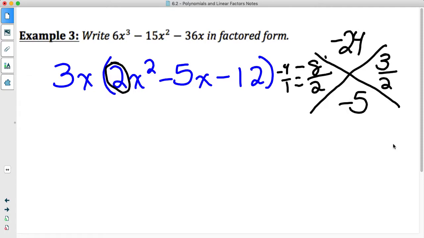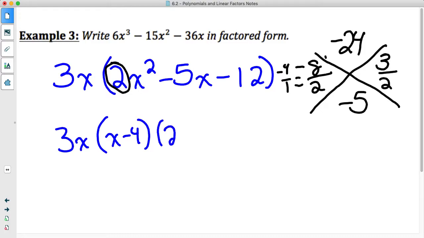Now, basically what that means when I change this into my factoring over here is I have a 3x, and then negative 4 over 1 means I have 1x, so just x minus 4. And then 3 over 2 means I have 2x plus 3.